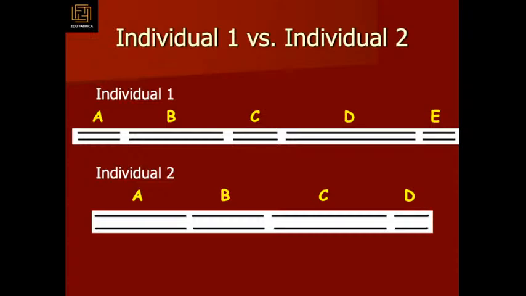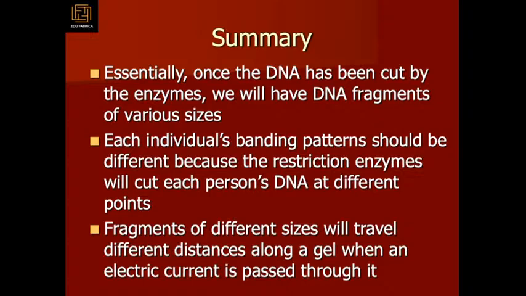between these 2 individuals. Essentially, once the DNA has been cut, we can see the various sizes. Each individual's banding pattern should be different because restriction enzymes will cut each person's DNA at different points. We see different fragment sizes which travel different distances over the gel after passing the current through it.